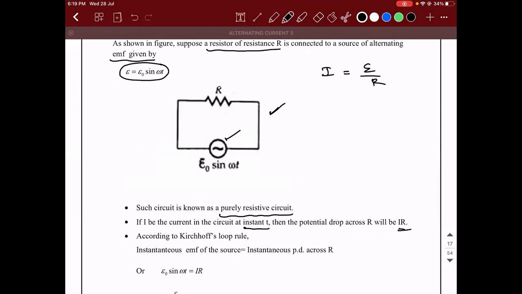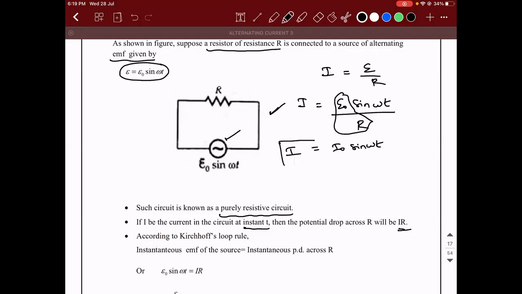So instantaneous current is equal to instantaneous voltage divided by the resistance. So I will be equal to E naught sine omega t divided by R, where E naught by R is I naught. So I naught sine omega t is the value of instantaneous current.